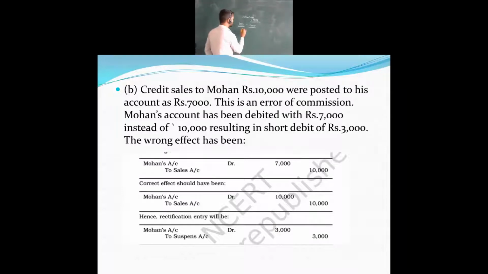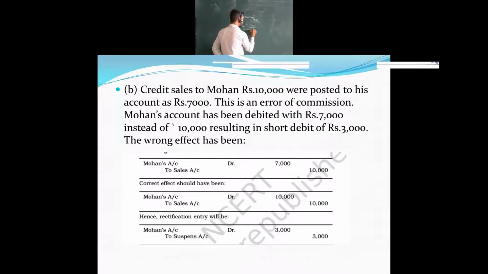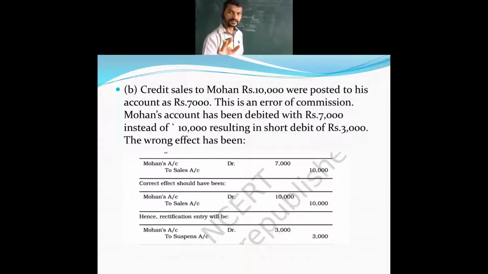This error is commission, which means a wrong entry or wrong amount has been posted. Remember the points. See, what kind of error took place here? A wrong amount is posted. Got the thing? There is a shortage of amount posted to his account.